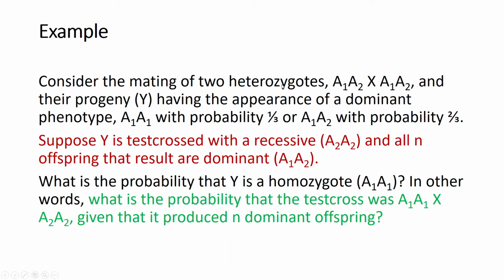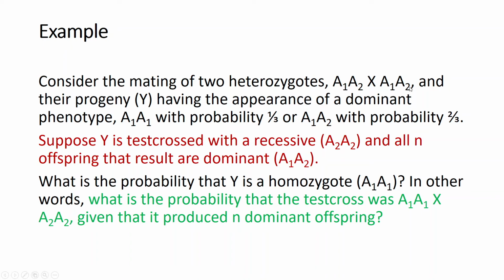Consider the mating of two heterozygotes, A1 A2 and A1 A2, and their progeny Y, which have the appearance of the dominant phenotype: A1 A1 that has a probability of a third, or A1 A2 with 2/3 probability. Let me explain this.